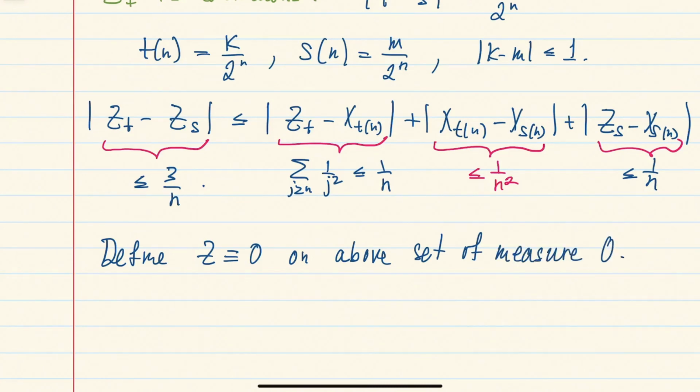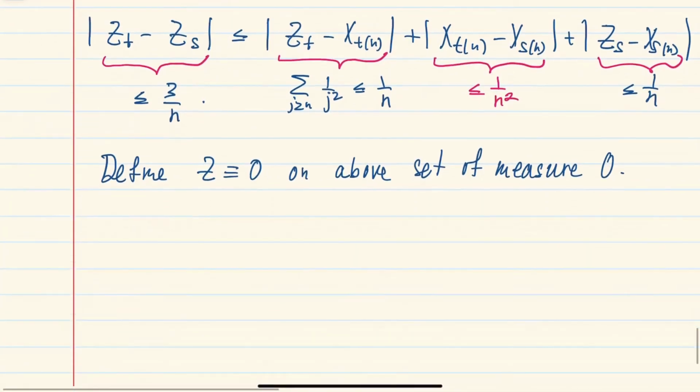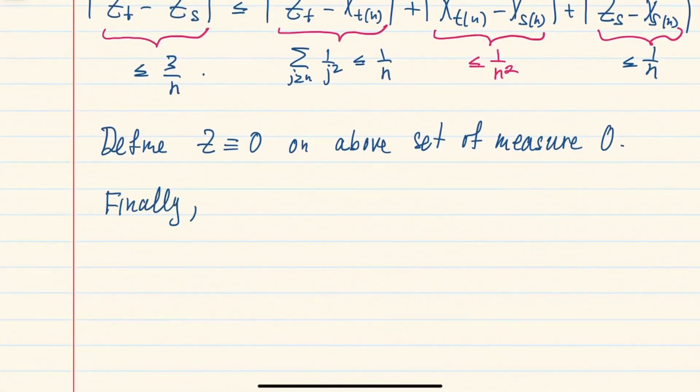Finally, it remains to just notice that z_t still has the finite dimensional distributions that we want. This definition, or redefining the process x by this approximation, what we get, if you consider this process at finitely many times, it's still going to be the Gaussian with the covariance that you want, right?